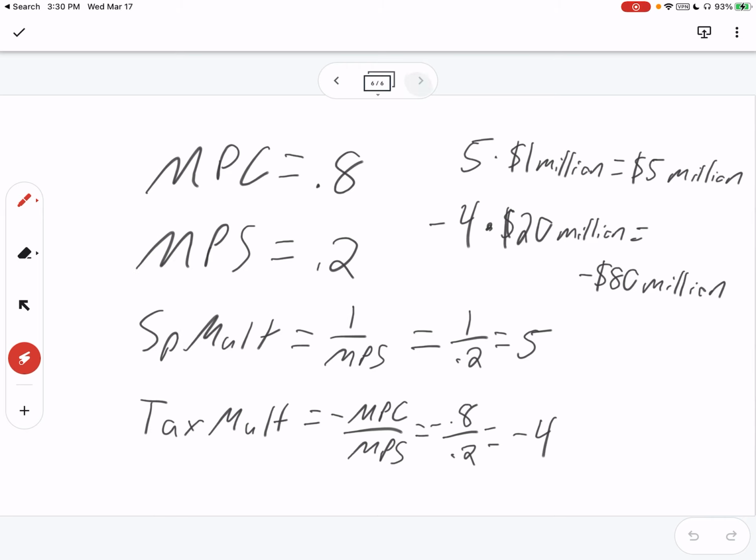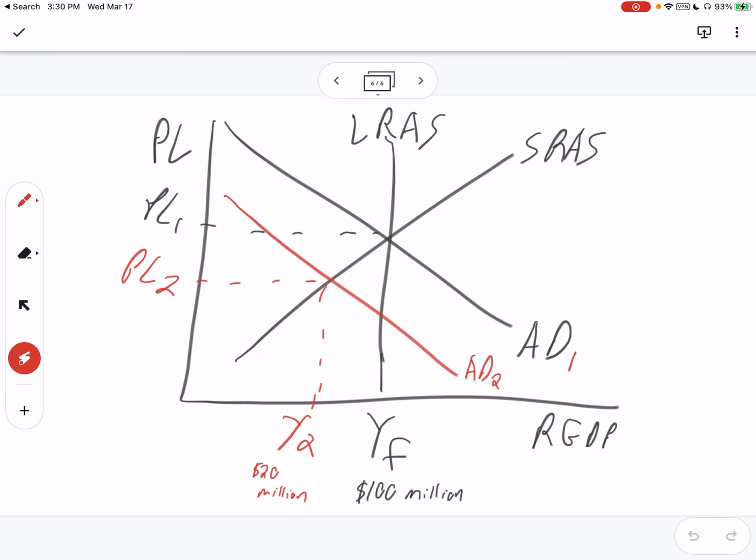All right. So you'd have what we call the recessionary gap. The gap right there between full employment output and where we are right now is called a recessionary gap of $80 million. We're $80 million below what we're capable of doing.